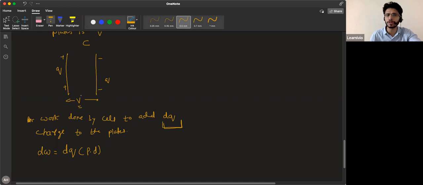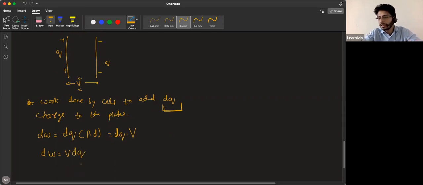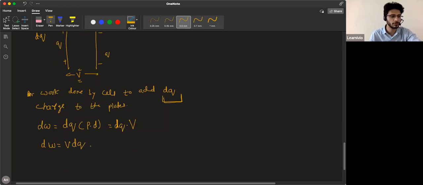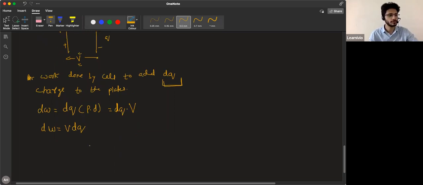It is V. So we write this as dq multiplied by V. So work done is V multiplied by dq. This is work done to carry some small amount of charge dq from one plate to another. If you want to add additional charge dq to the plates, then your cell has to do some work, and that work done is V into dq. Is it clear? Yes, sir.